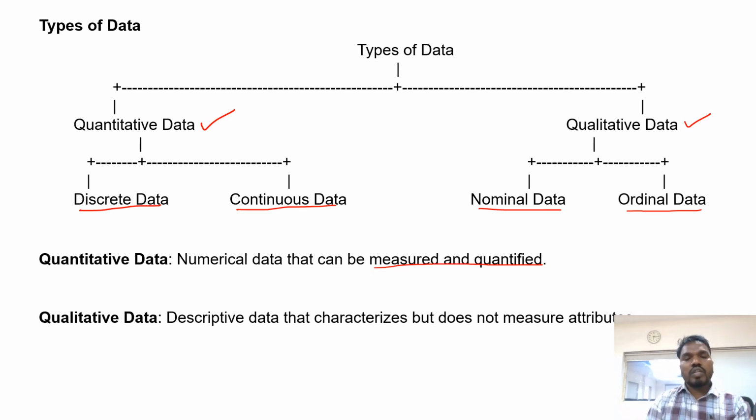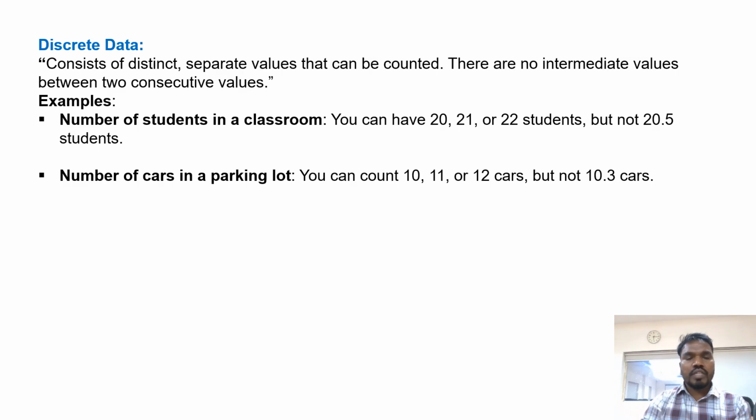When it comes to qualitative data, we are discussing not quantity. It does not measure the attributes, and such kind of data is called qualitative data. I will show you the examples within a few seconds. As I said, discrete data is a part of quantitative data.